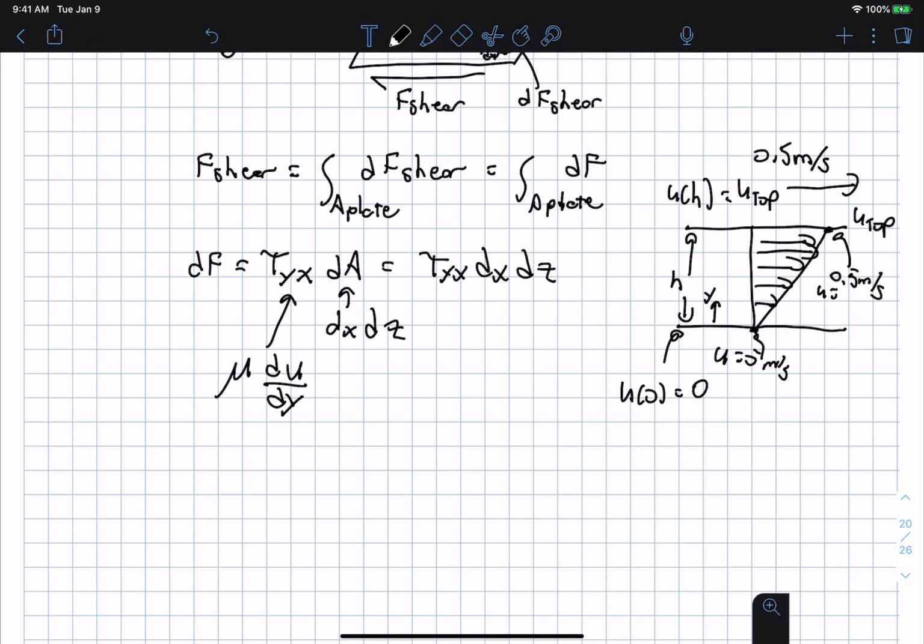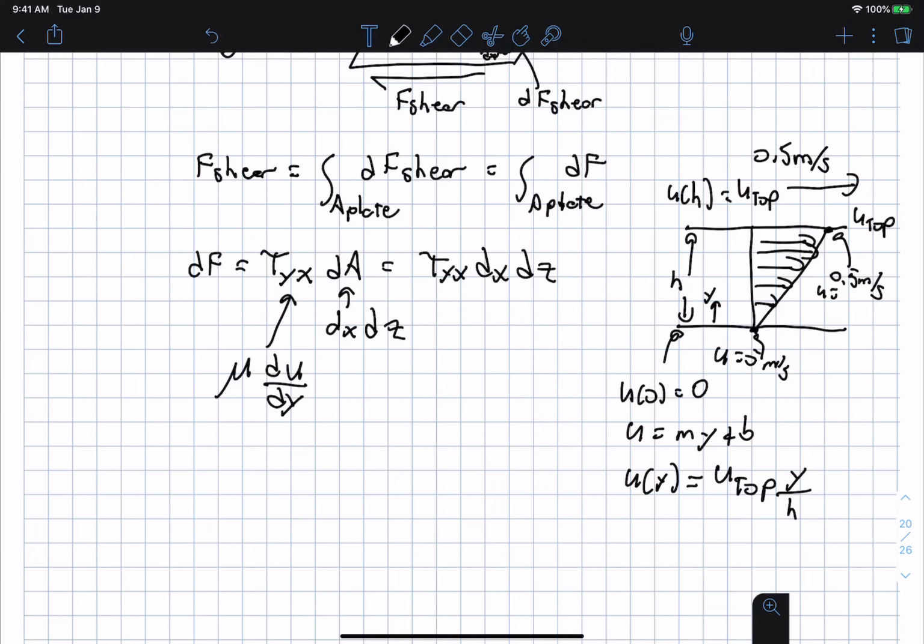We know that there's a straight line, and we know 2 points on that line. So you can just use u equals my plus b, the formula for a line, and solve for m and b. In your homework, I would expect you to show that. But we find that u of y equals the velocity at the top times y divided by the gap width between the two plates.